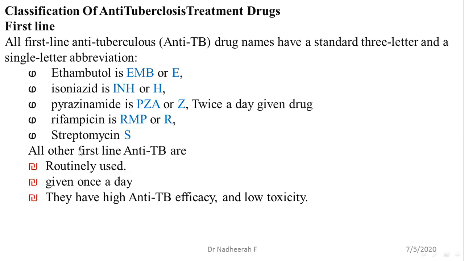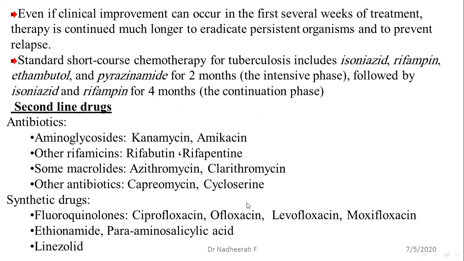All first-line anti-TB drugs are routinely used, given once a day, and they have high anti-TB efficacy with low toxicity in general. Even when clinical improvement can occur, the therapy is continued much longer to eradicate resistant organisms or to prevent relapse.